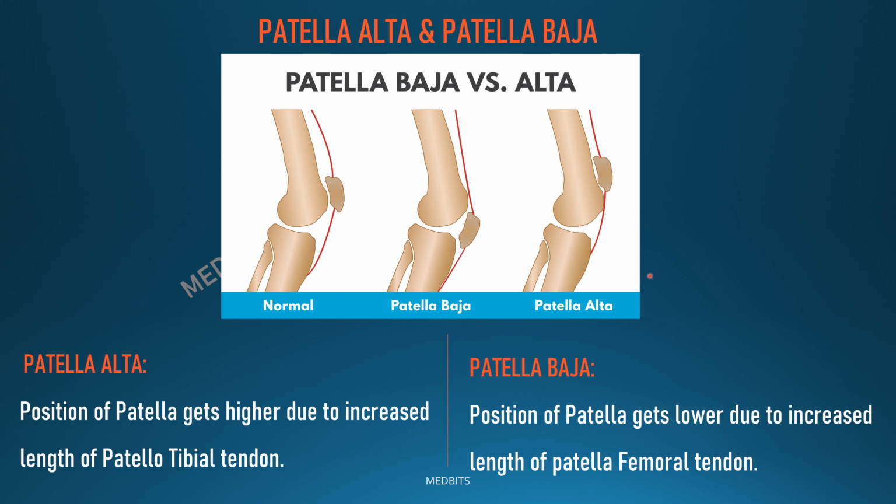So yeah, coming to patella baja, the position of the patella gets lower due to decreased length of the patellar tendon. As you can see, the patella settles lower. So that is patella baja, and patella alta is also known as grasshopper eye patella.